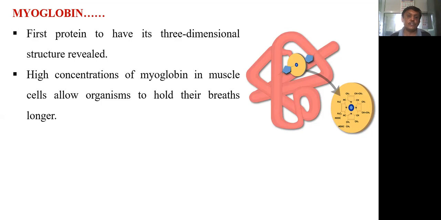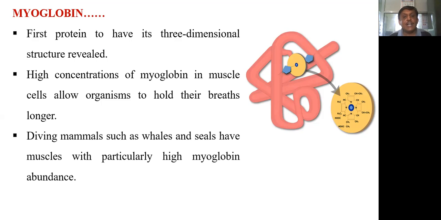Generally, diving mammals such as whales and seals have muscles with particularly high myoglobin abundance, and due to this, whenever the whale or seal lifts its snout up, it breathes through the nostrils.